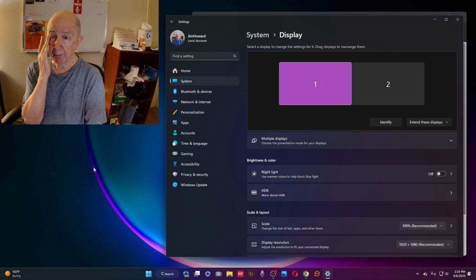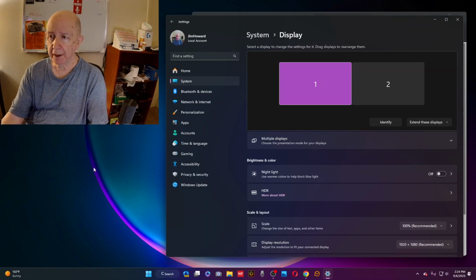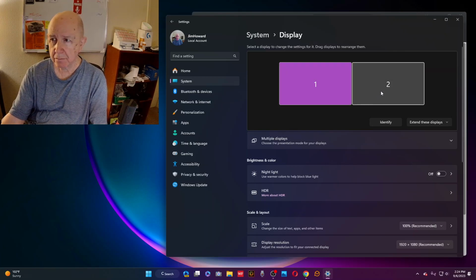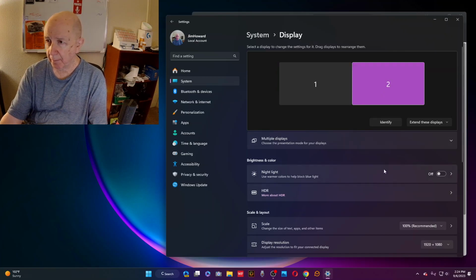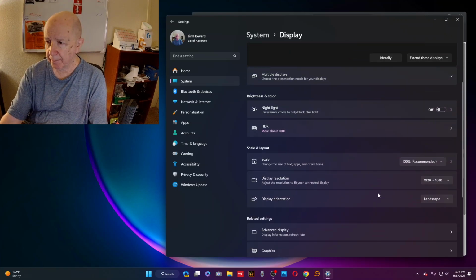How am I going to remember this? I can slide the monitor thing, but so now the other monitor, wait, 1920 by 1080. Wait a minute.